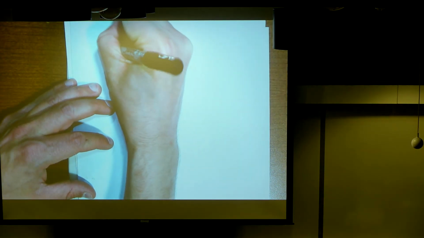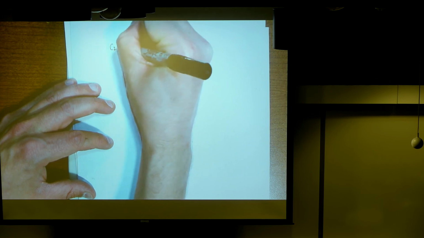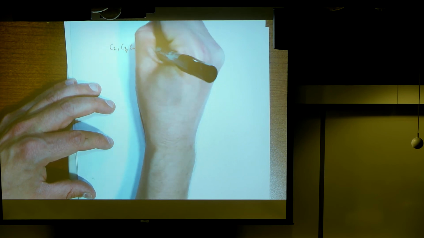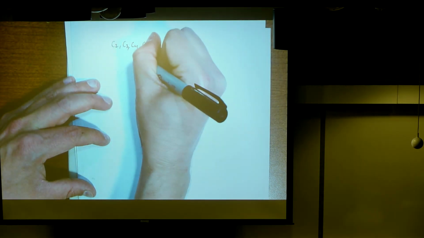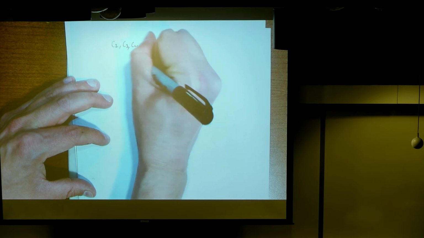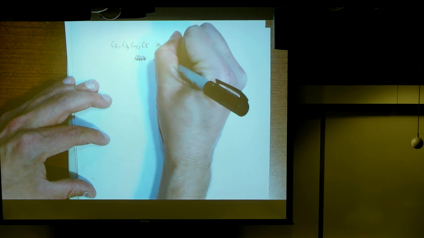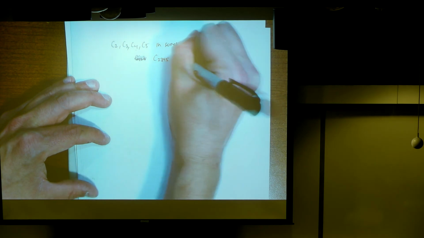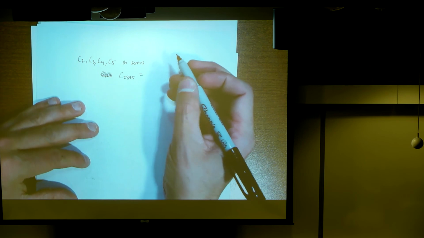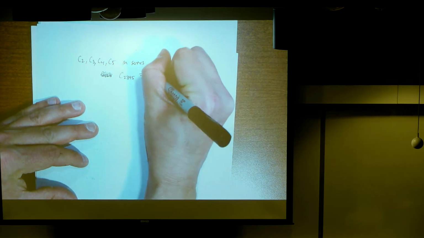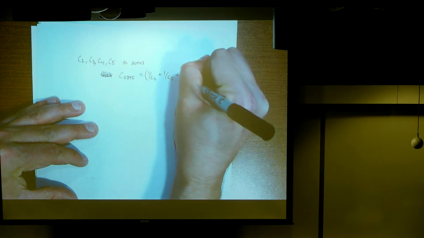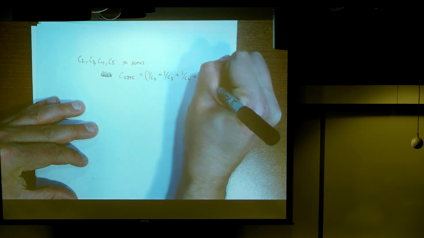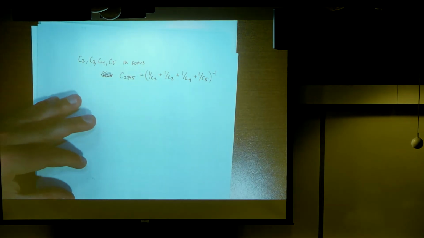So C2, C3, C4, and C5 are in series. So how do I find the equivalent capacitance of C2, 3, 4, 5? If I combine these into one, how does that go? Yeah, so for series capacitors, the idea is you take 1 over each C value. But then you have to take that to the -1 power, okay?